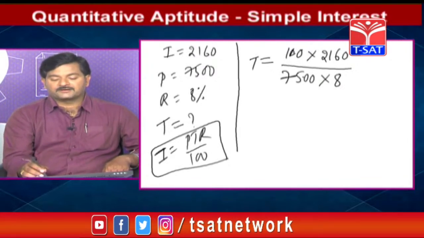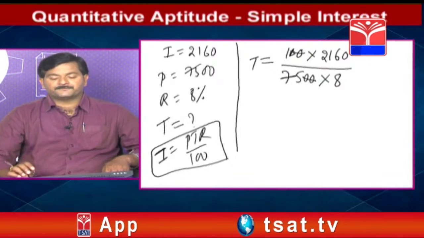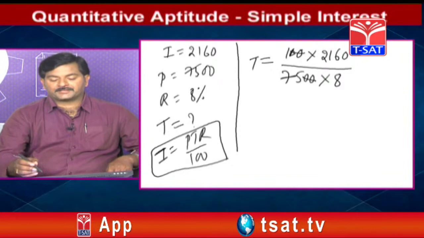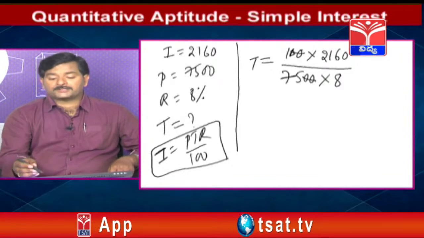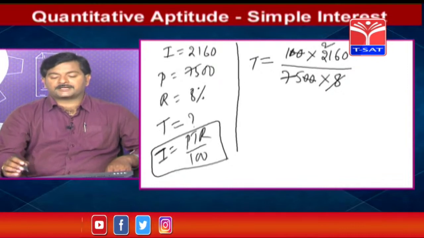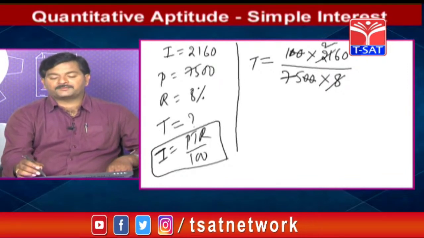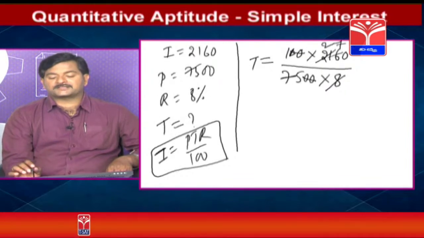Now we'll simplify. These two zeros we can cancel. I think we can apply here, will it go in the 8 table? 8 2s are 16, right? So here 16 means 5 left. 8 7s are 56.